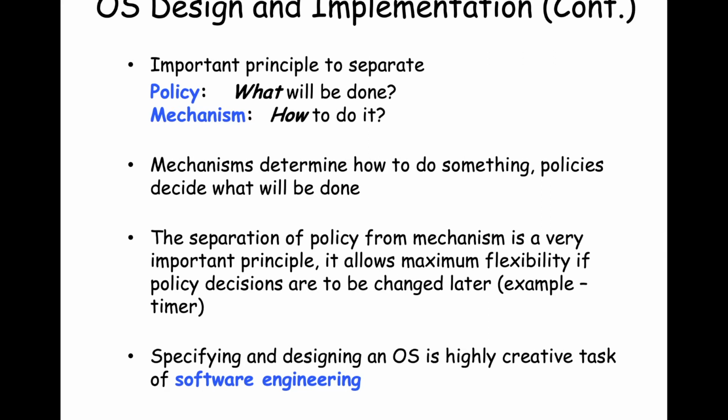For example, if a process has been running on the processor for too long, what will be done? That policy says it's going to be kicked off the processor, let's say after 10 milliseconds. That's a policy issue or solution.